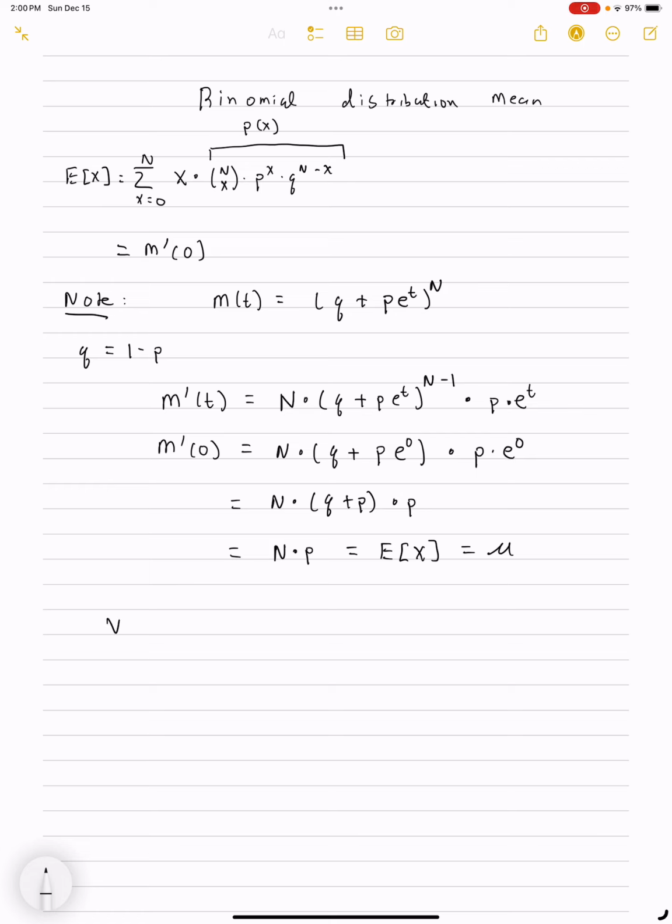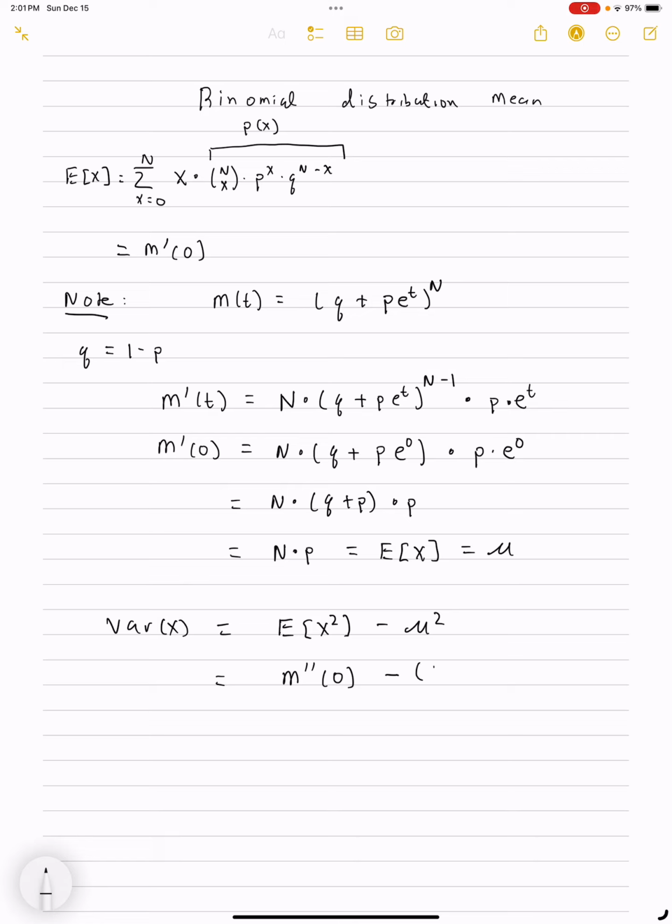If you were asked to calculate the variance of x, you can calculate it as e of x squared minus the mean squared. That formula applies for any distribution. Now, I would recommend calculating e of x squared by calculating the second derivative of the moment generating function and evaluating at 0.